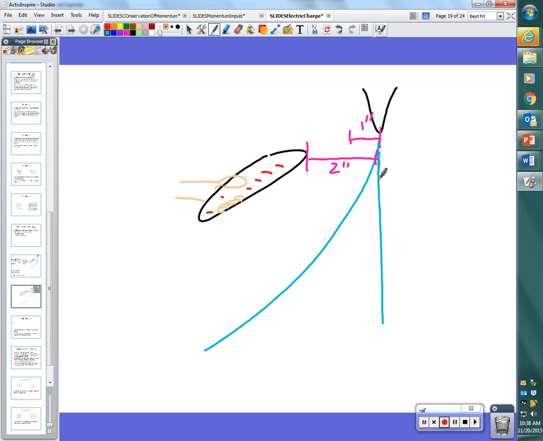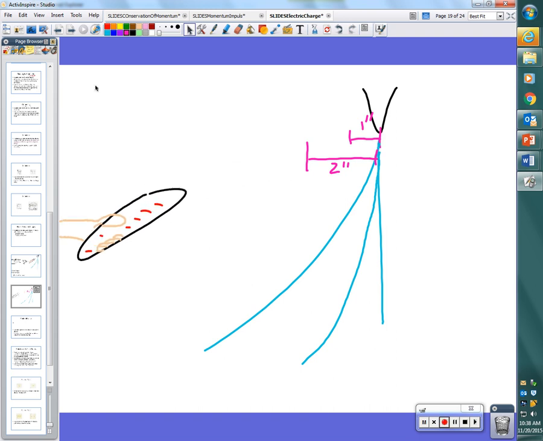It's only going to bend 1/4 as much because it's 1/2 squared. If we move this five inches, right?